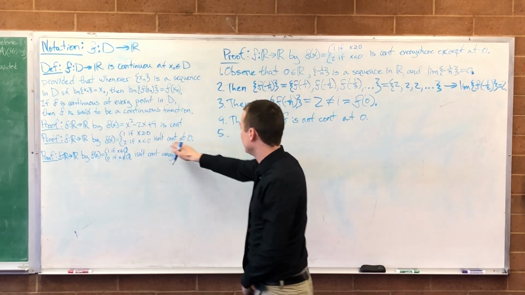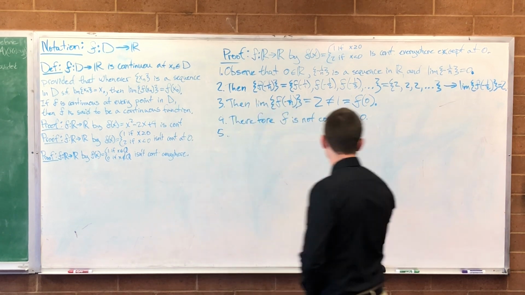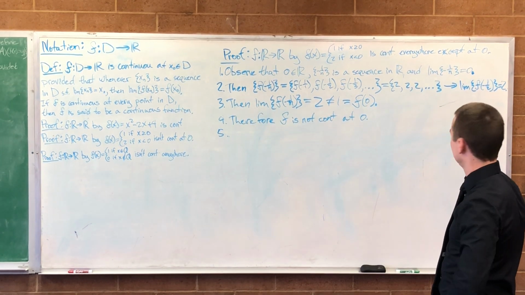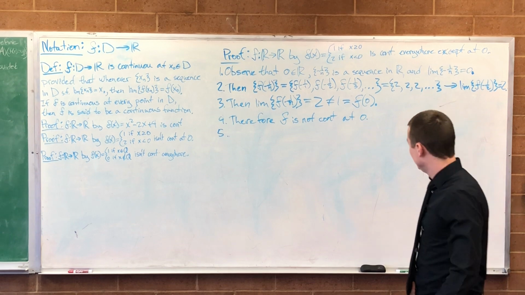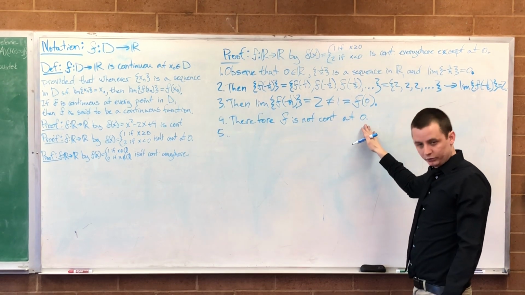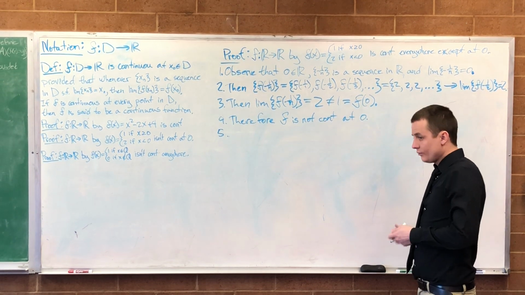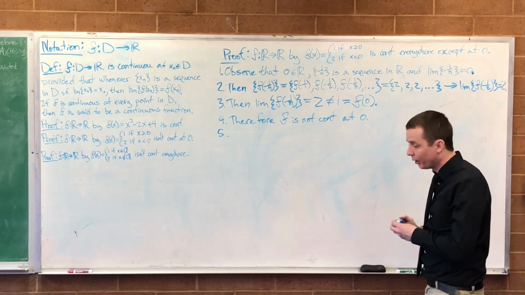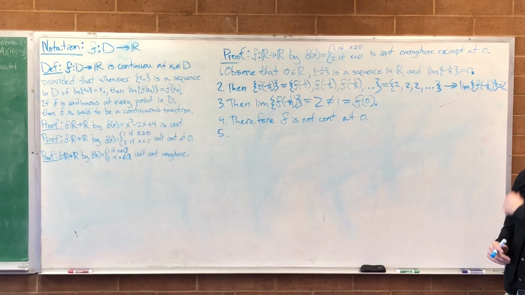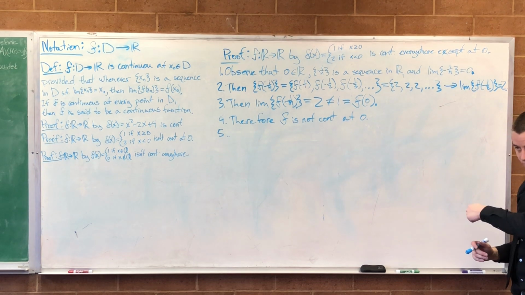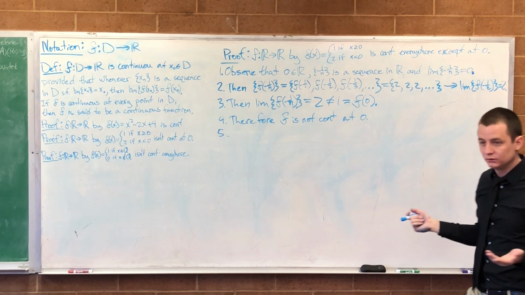Right here. So it's not continuous at 0, but continuous everywhere else. Is what the book wanted you to do. Okay, so we showed it's not continuous at 0, now we need to show it's continuous everywhere else. So for every point that's not 0 in our domain, it's either a point greater than 0 or a point less than 0. Right?